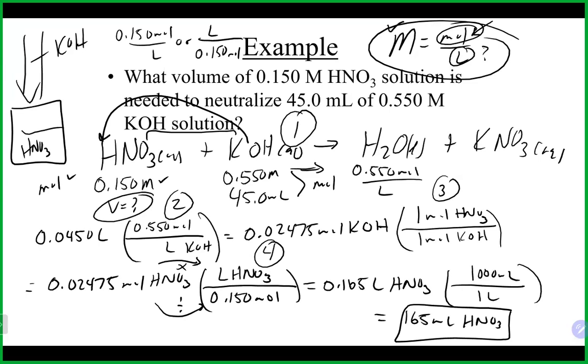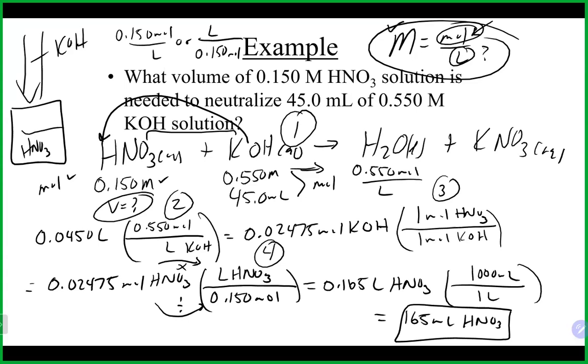You need to show the stoichiometry part of it because it won't always be one to one, and even though you may see it somewhere, you should not use the dilution equation, and they definitely don't want you to do that here as a school. Sometimes people will actually call that dilution equation, M1V1 equals M2V2, the titration equation.